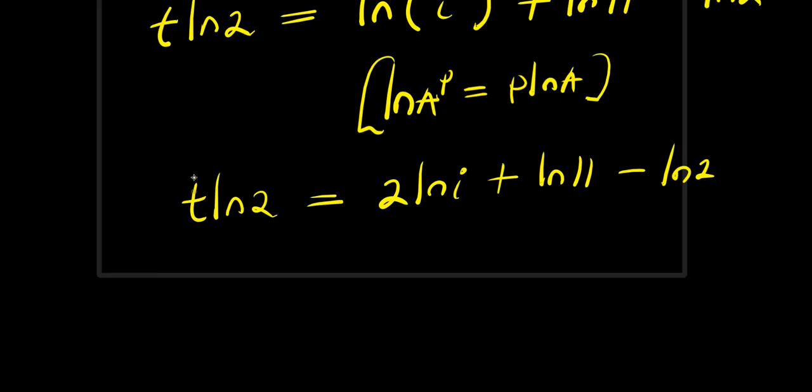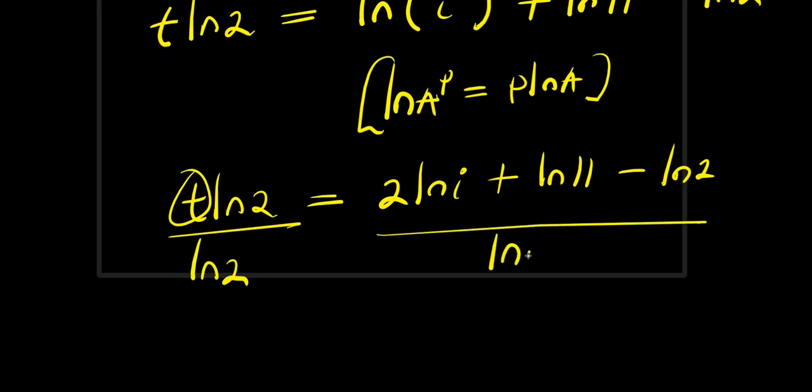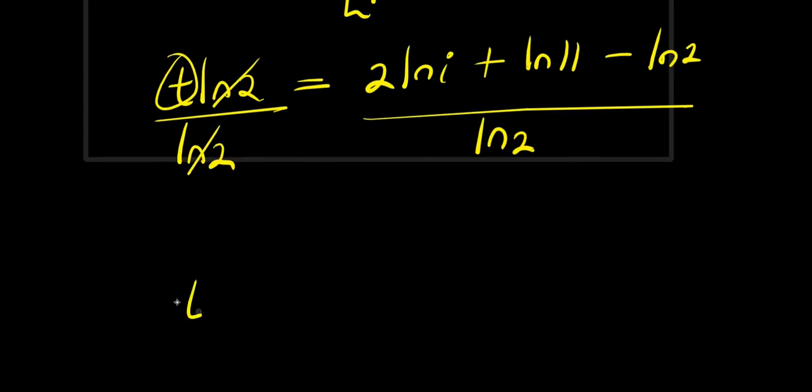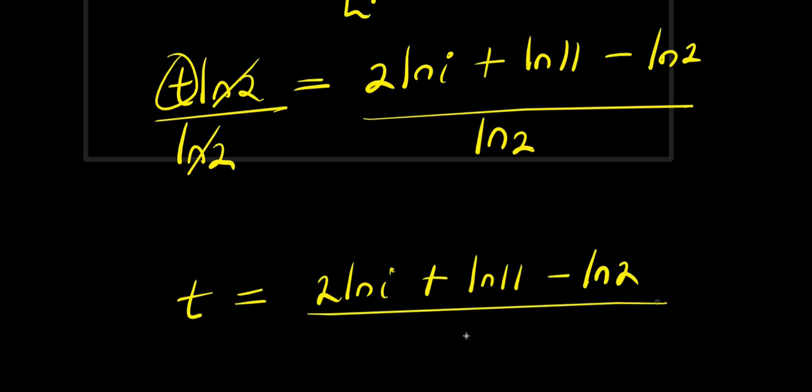I can easily isolate t by dividing this by ln 2, dividing this by ln 2. ln 2 eliminates ln 2. I will have t equals 2 times ln i plus ln 11 minus ln 2, divided by ln 2.